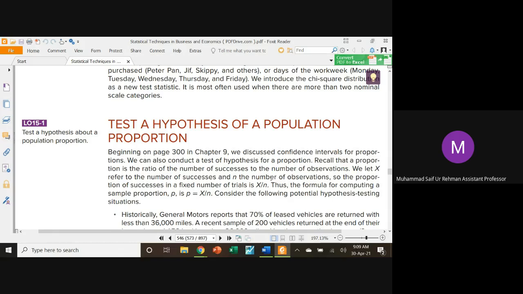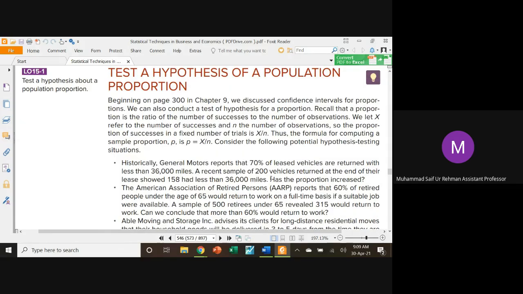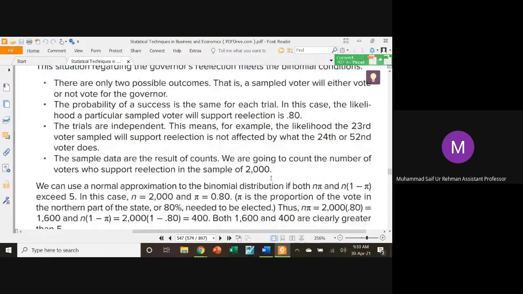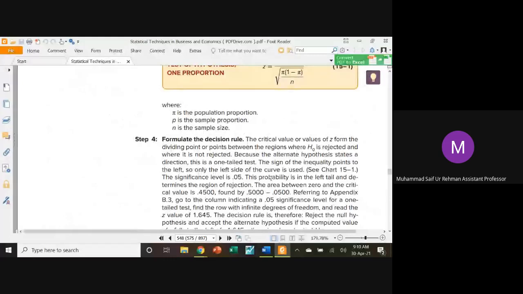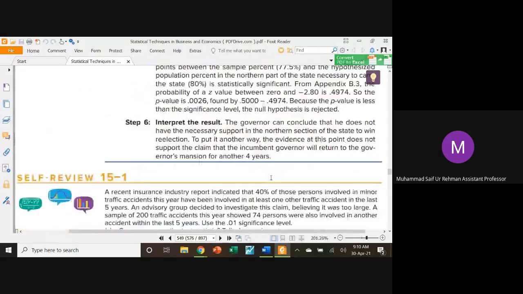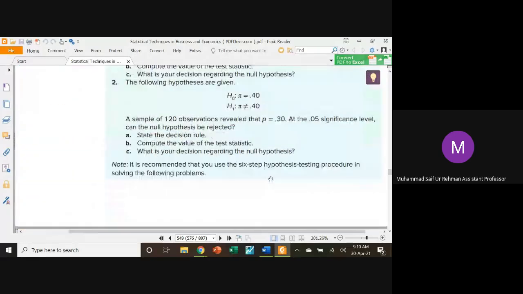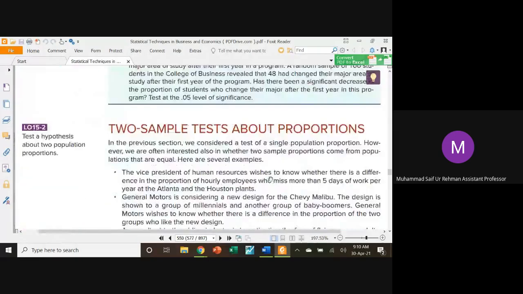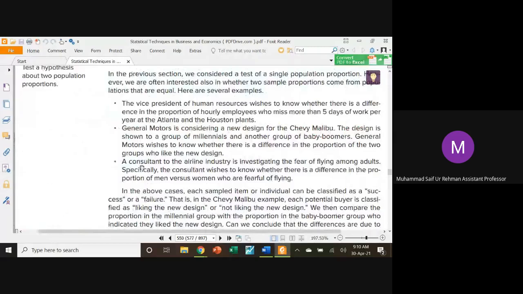And today we are interested in considering those situations where two populations are under consideration. So the situations may be like this. Let us see this statement.